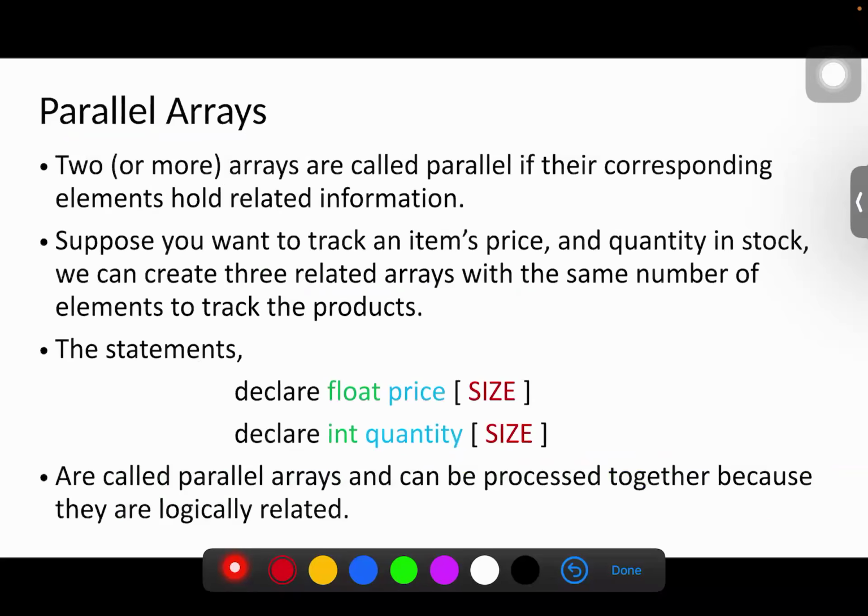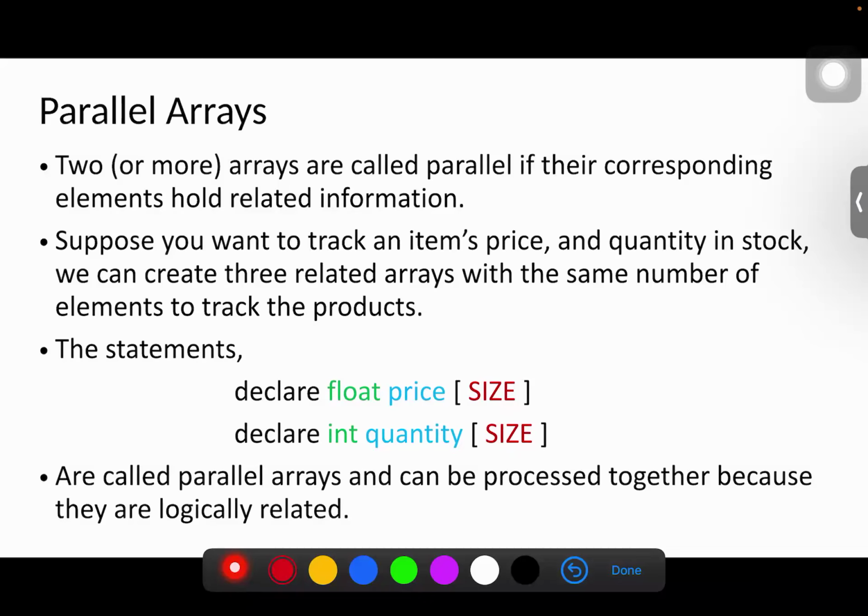Now, earlier, one of the gentlemen was telling me that they wanted to store the names of some items and the price of some items. I told you that the names of the items are strings, while the price of the items is a decimal. So you cannot store them in the same variable, but you can store the names as one array, and you can store the prices as another array.